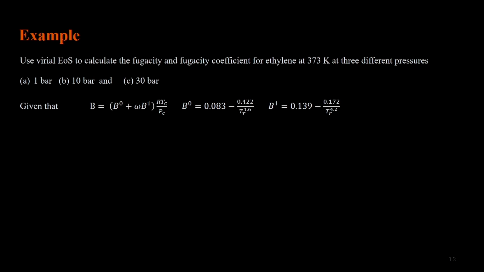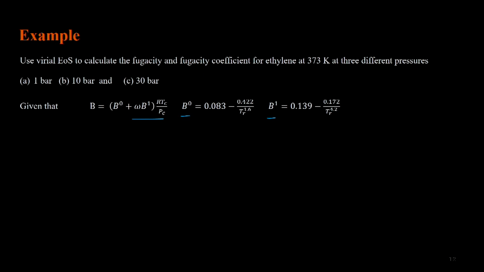And the second virial coefficient for this particular compound is given by the relations shown here. We first need to calculate two quantities, B0 and B1, which are related to the reduced temperature. And once I have the two quantities and I know the critical constants, I can go back and calculate the second virial coefficient.